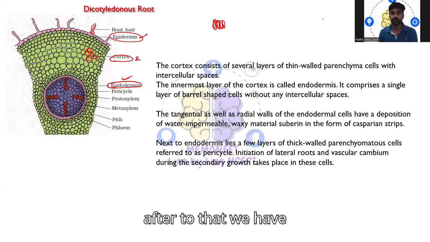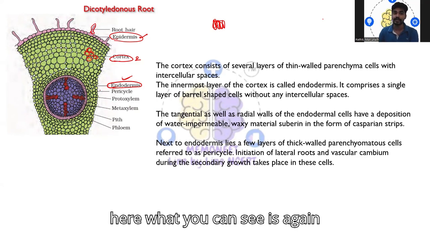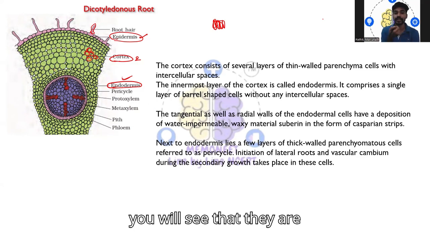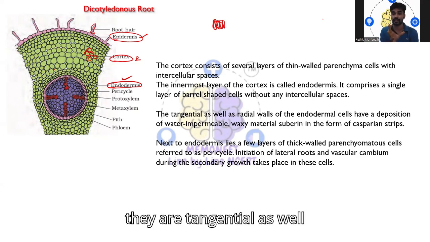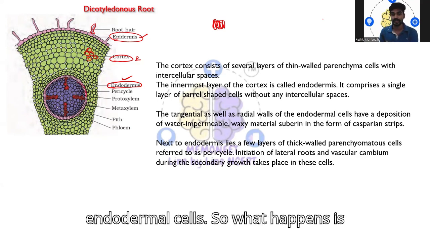Then the tangential as well as radial walls of the endodermal cells have a deposition of water impermeable material. You can observe the tangential and radial walls of these endodermal cells.